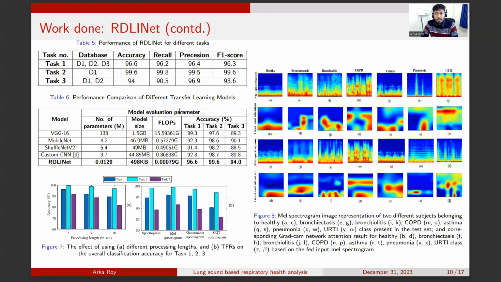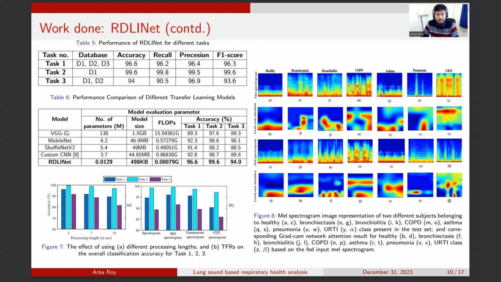Here we have done the quantitative analysis using accuracy, recall, precision, and F1 score, which are standard measures to quantify any classification task. Over here we can see that in all the cases we are getting a very decent amount of accuracy, recall, and other metrics too. And here is a comprehensive discussion that RDLI-net, again, is a lightweight network.